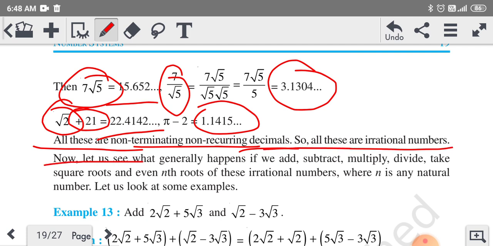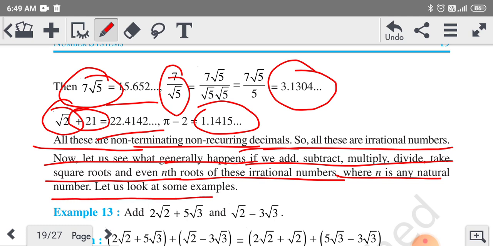Now let us see what generally happens if we add, subtract, multiply, divide, take square roots and even nth roots of these irrational numbers, where n is any natural number. Let us look at some examples.